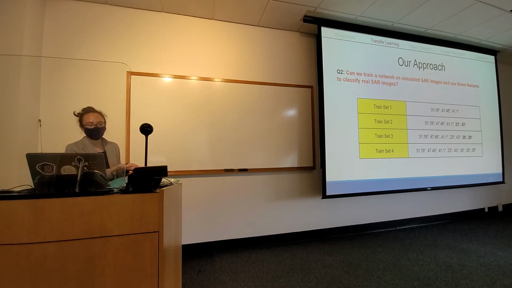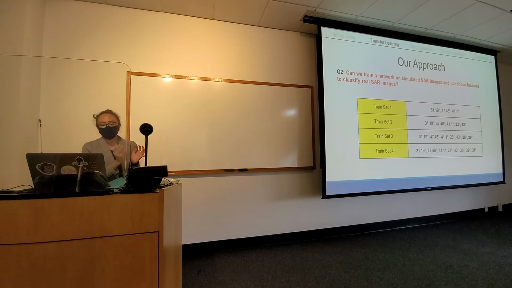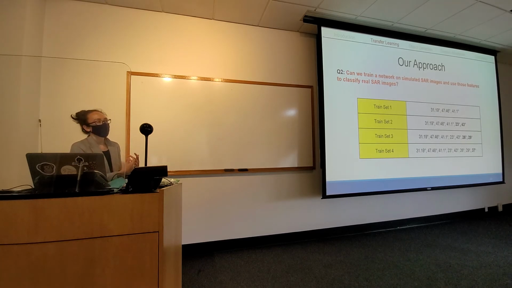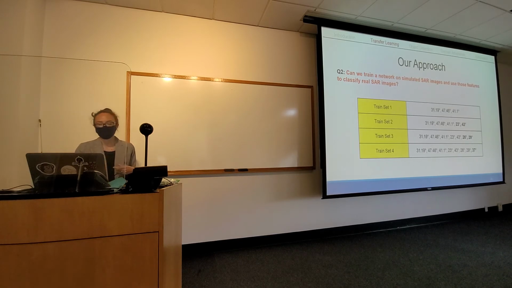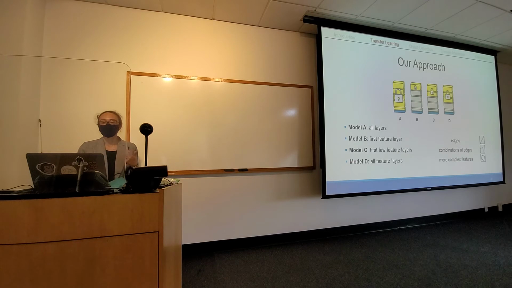The first training set contains images modeled at incidence angles that are already in our training data set. And then I progressively add more incidence angles that are part of TerraSAR-X staring spotlight mode. And as before, I create 4 variants of the 2 models.